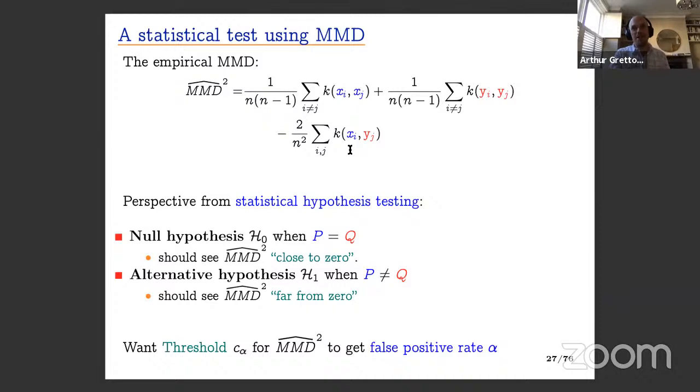So even if P and Q are the same, it might just be by chance that these first two numbers are a little bit smaller than twice this number, and so I'm going to get a number which is negative. Another way to understand this is that this quantity here is an unbiased empirical estimate of a quantity whose mean is 0. Because it's unbiased, I should expect to see a few positive numbers, a few negative numbers.